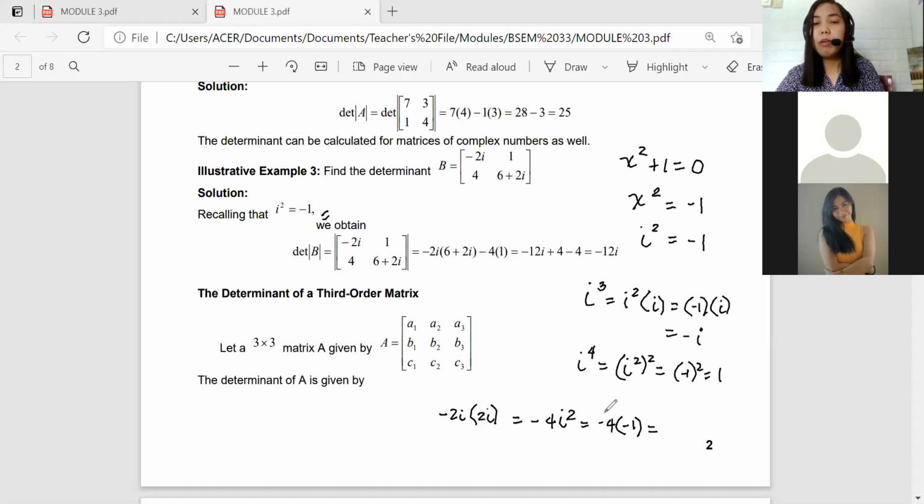Simplifying, -2i multiplied by 2i is equal to 4. So it means that you always come up with a real number. So here, the answer is 4 minus 4. Then combining similar terms, this will be canceled. So the final answer is negative 12i. That is the determinant of matrix B.